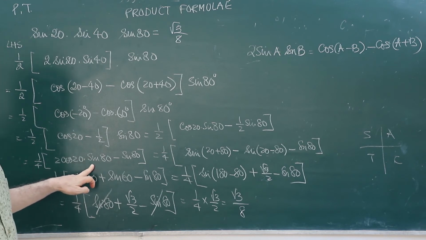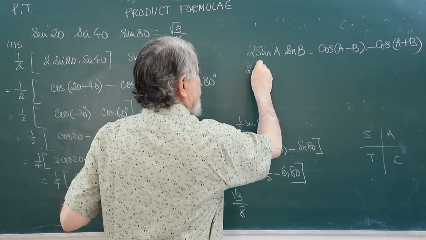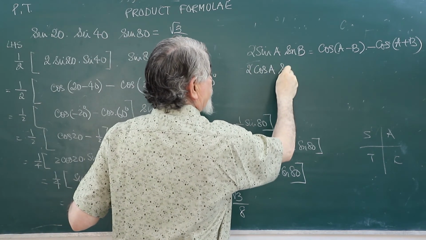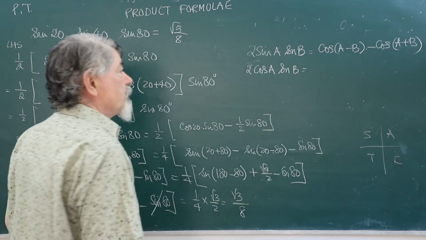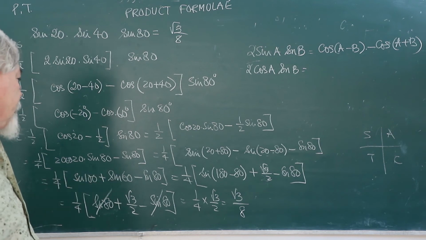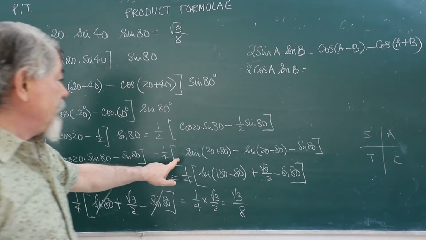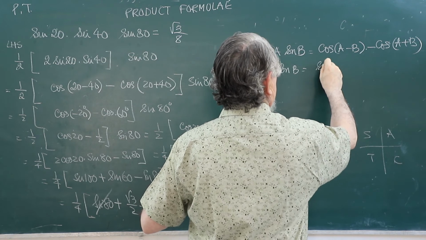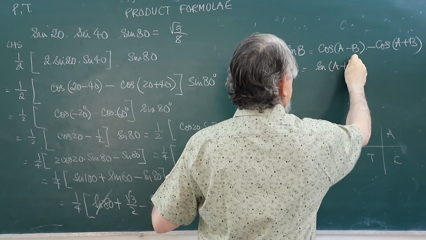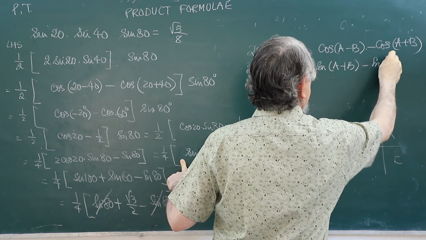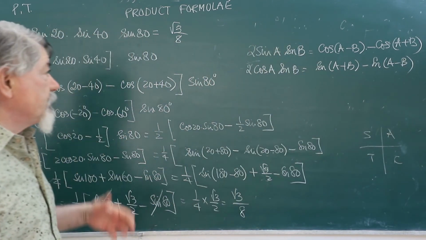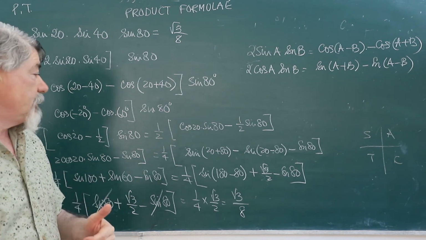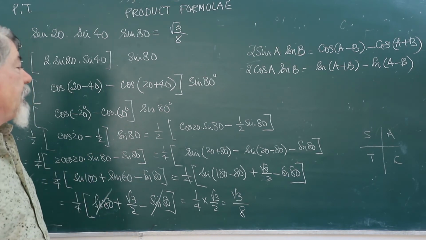Now it is 2 cos A sine B. If you look at the formula, 2 cos A sine B was sine (A plus B) minus sine (A minus B).